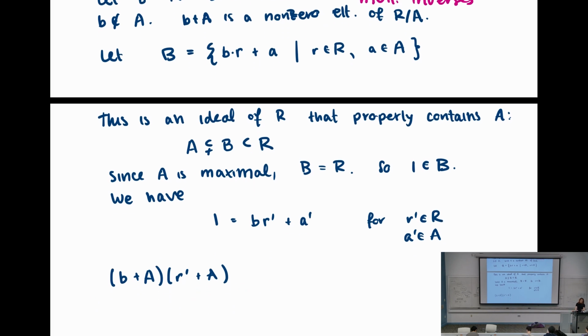So (b plus A) times (r prime plus A) is equal to b r prime plus A, just by the definition of multiplication in the ring of cosets. And then I'm just going to pull out from A an a prime.